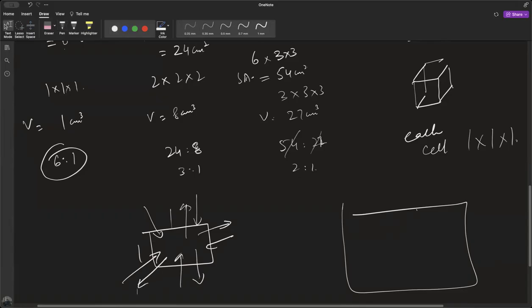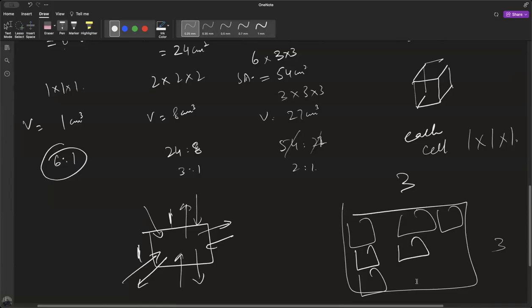Making sense? This cell was 1 by 1. This is 3 by 3, which means a cell here, a cell here, a cell here, then a cell here, a cell here, a cell here, a cell here. Now, this is a 3 by 3 in which there are 1 by 1 cells.